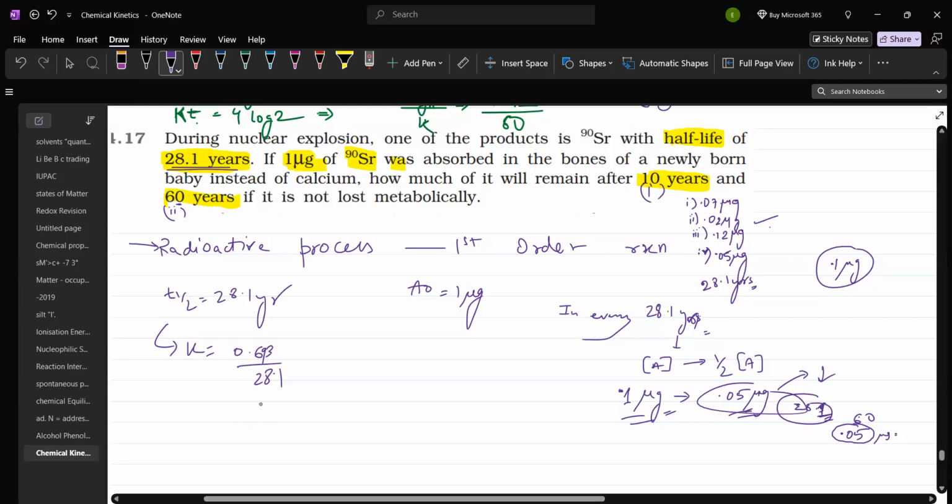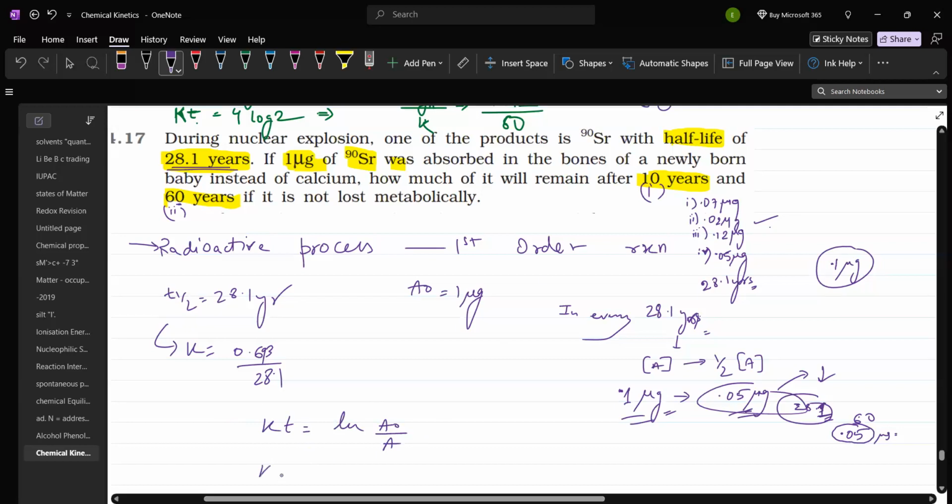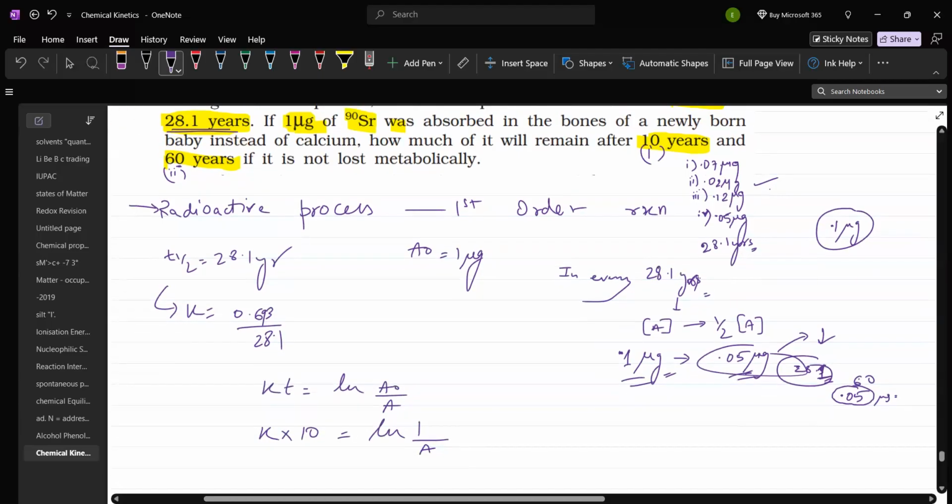T half is given, so K is given. Let's apply the formula: kt is equal to ln of a naught upon a. We have the time, 10 years, and a naught is 1 microgram, and we have to find a.